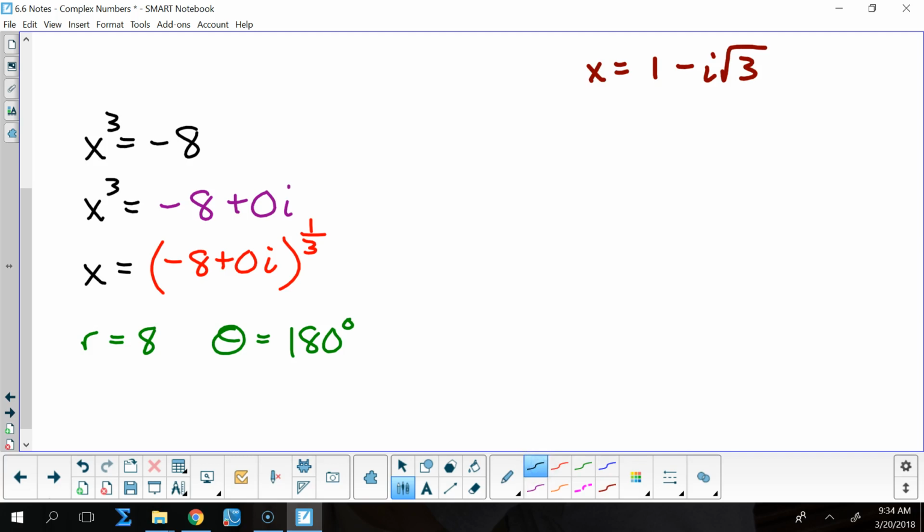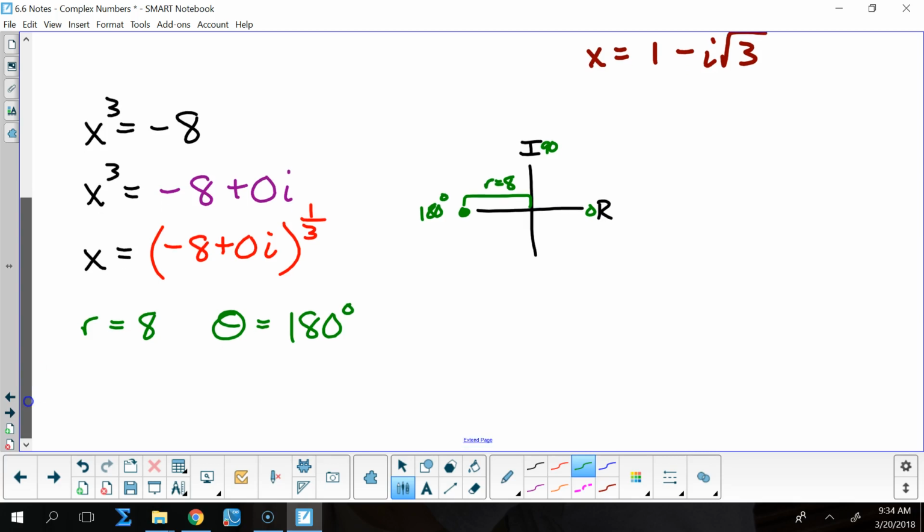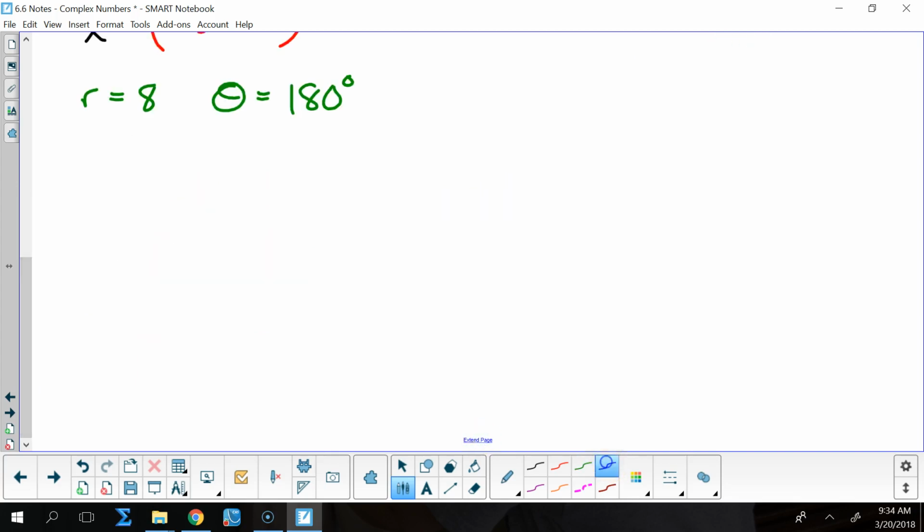Well, here's how I did it. So here is my real and imaginary system, right? And negative 8, 0 is straight out that way. 8 spots. So that gives me an R value here of 8. And it gives me a 0, 90, 180° theta value.